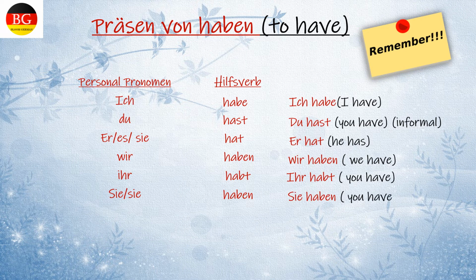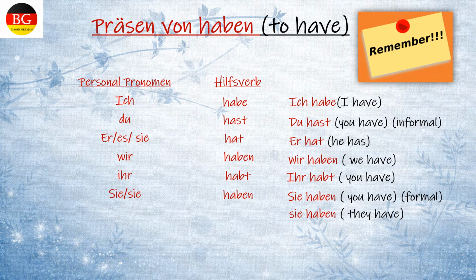Sie haben, you have for formal situations. Sie haben, they have. There is no particular rule or tips and tricks for memorizing the formation of the verb haben. You have to learn it or remember it.